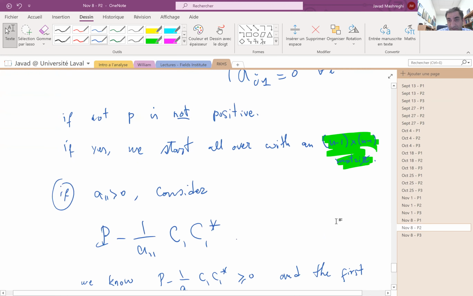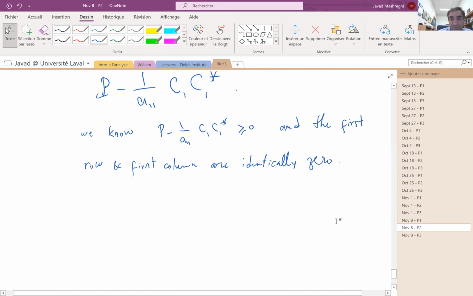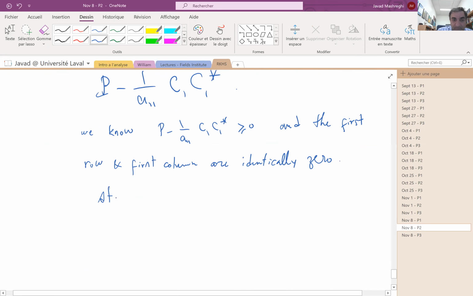Start all over with an n minus 1 times n minus 1 matrix.